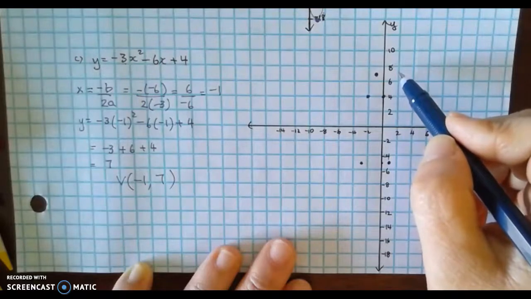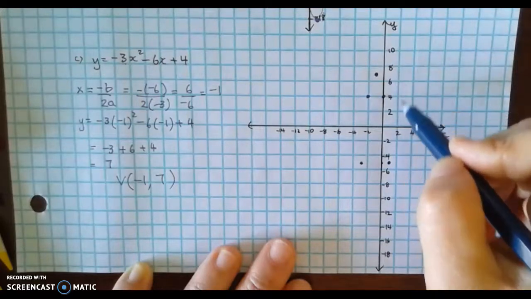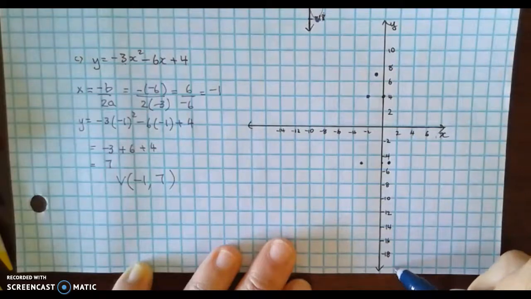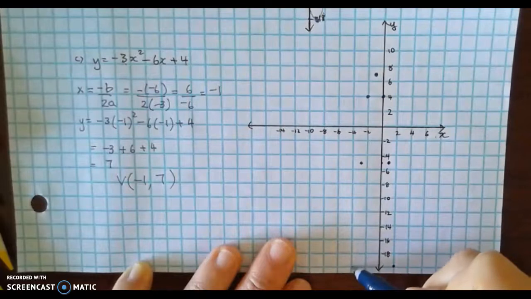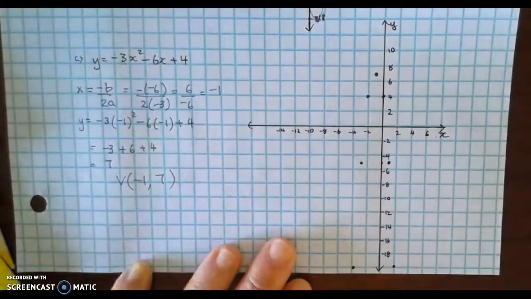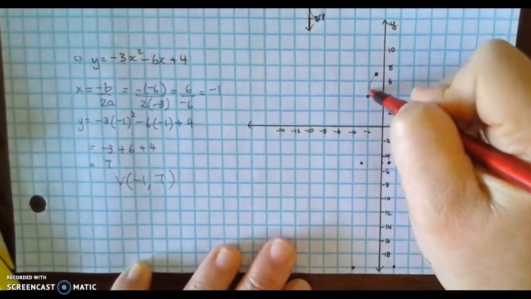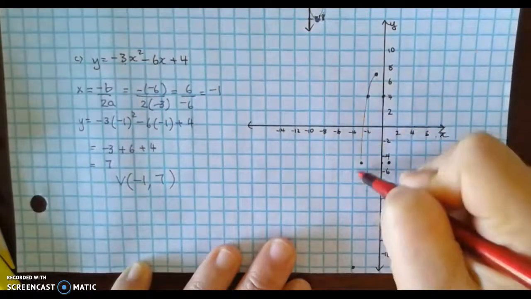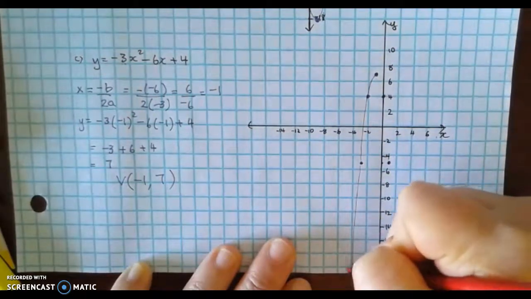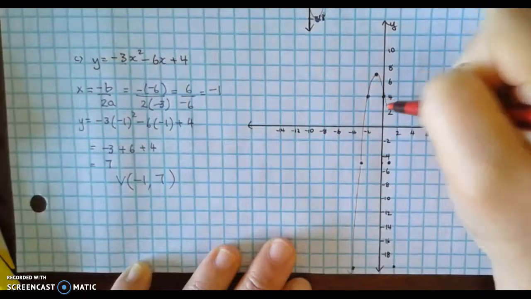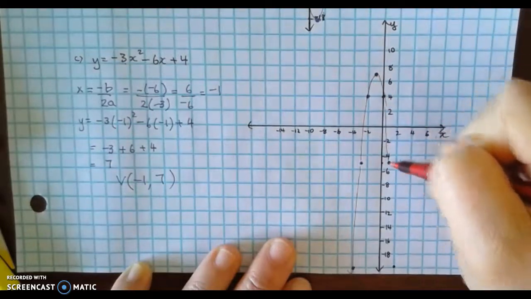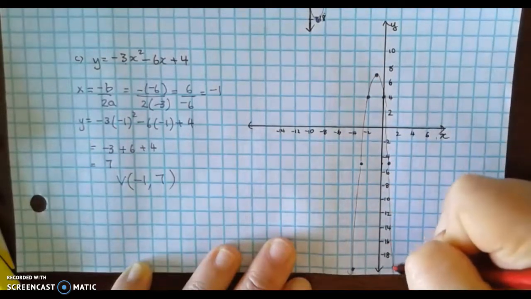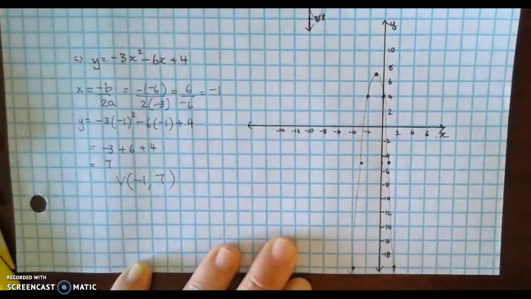Let's see, do I have enough for 27 here? That's 7. I need to go down. Oh, okay, we have all the way to the bottom here. Okay, all right, so then I join these points. And I have my graph.